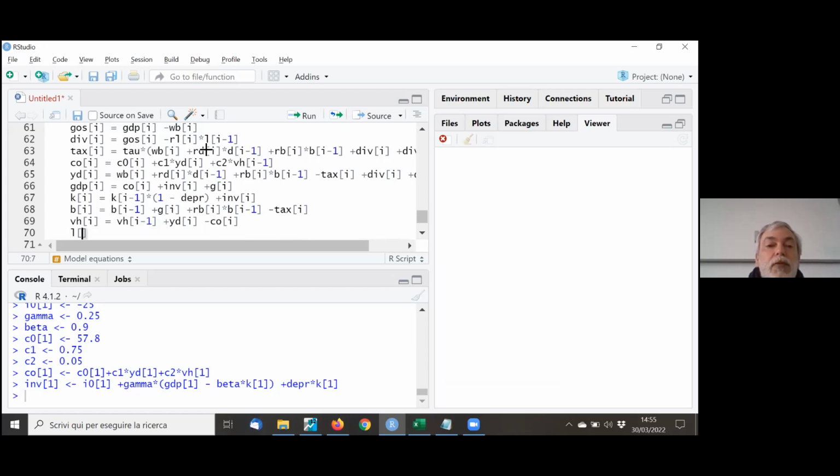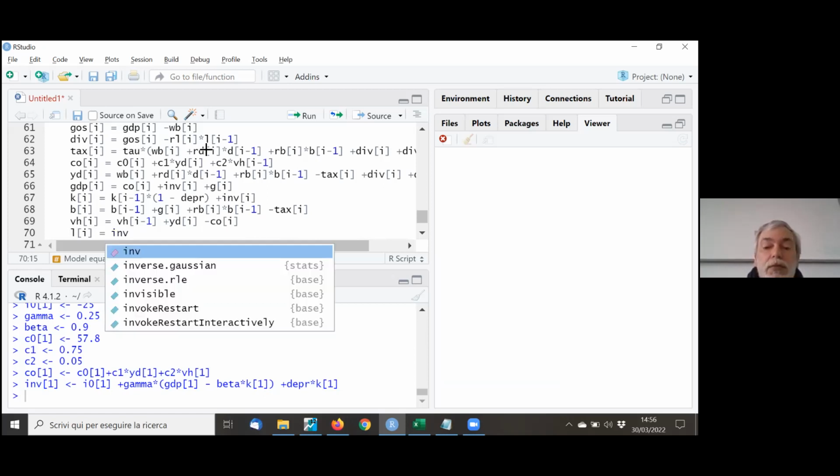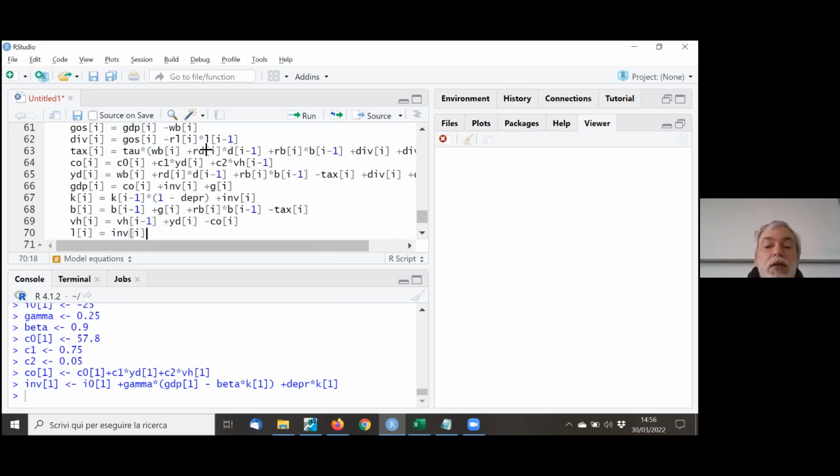Loans: we said that loans are the difference between investment and retained profits, which were GOS less RL times L minus 1 less dividends.